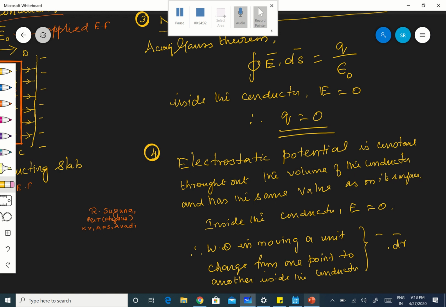Many times, if I give something directly, I doubt whether you people are understanding immediately or not. Work done per unit charge is F dot dr by q, which is equal to E dot dr. Therefore this work done in moving a unit charge, E dot dr, has to be equal to 0.